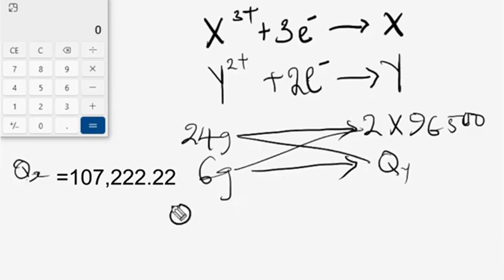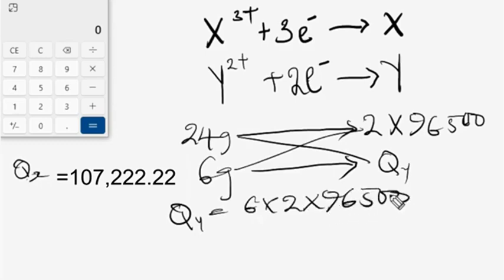So this will now give us 6 times 2 times 96,500 over 24. So when we calculate this, 6 times 2 times 96,500 is going to give us this.